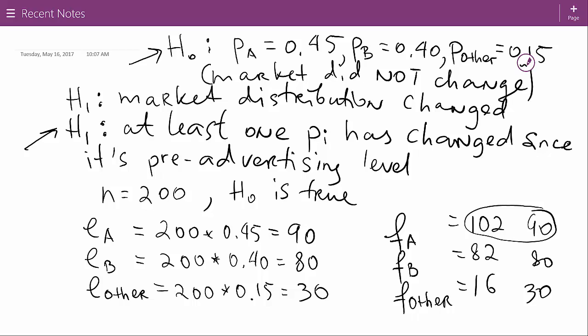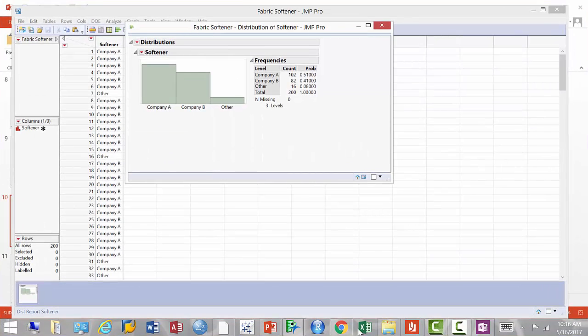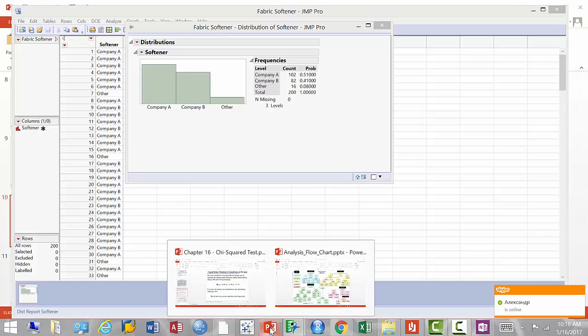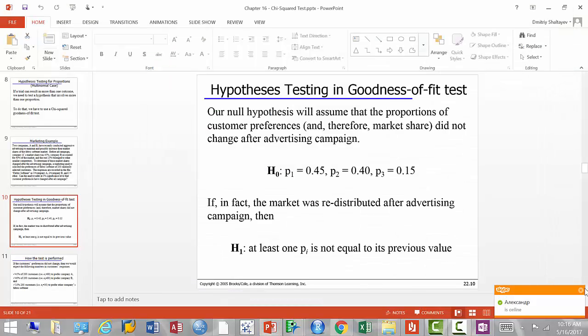So right now, it should be 90 if null is true, but it's actually 102. So there is some difference, right? Right here is another source of difference. That difference for company B is not that high, right? But of course, the question is, again, what's a big difference and what is not so big difference, right? Now, for that, ladies and gentlemen, I have to compute a weird thing, okay? Let me go back to the slides and show you the formula, okay?